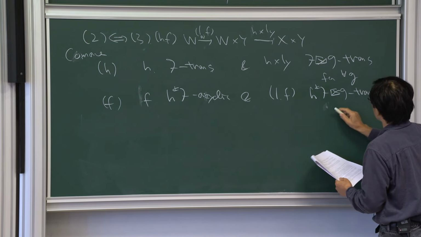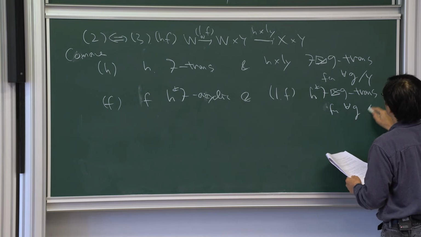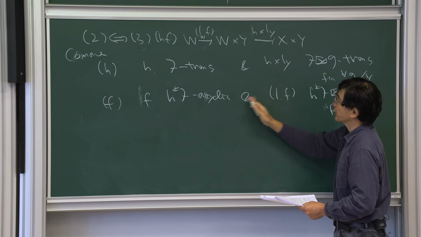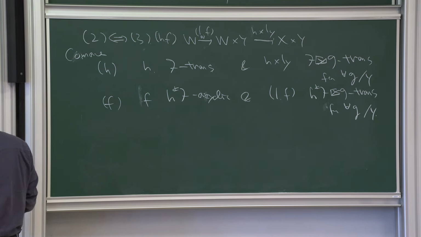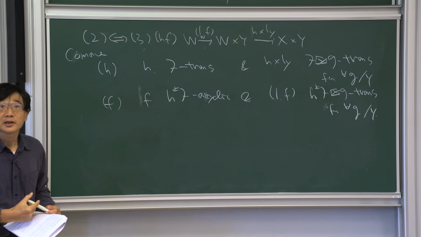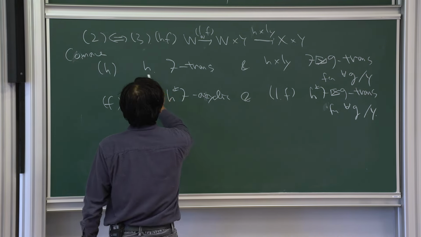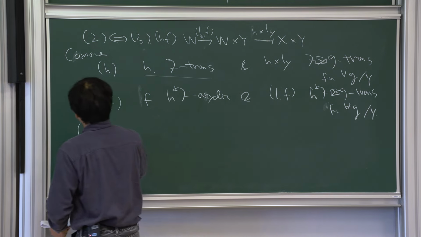So this is also for every G of Y. So we compare this property and that property. Okay, so we start from here. Okay, so we start from this.